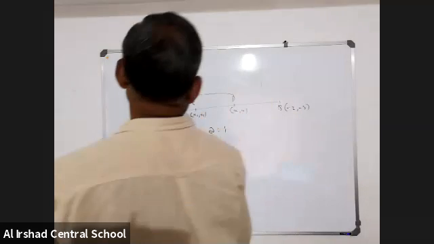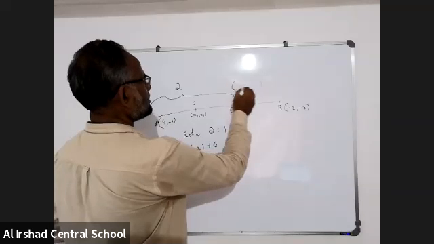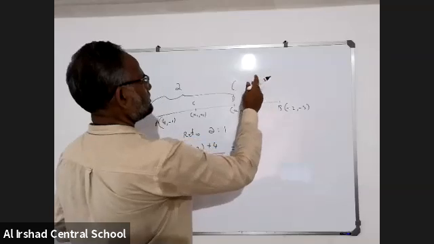Y is equal to how much you got? Minus 5/3. X how much? X is equal to 2. Y is equal to minus 5/3. Other anybody got that answer?